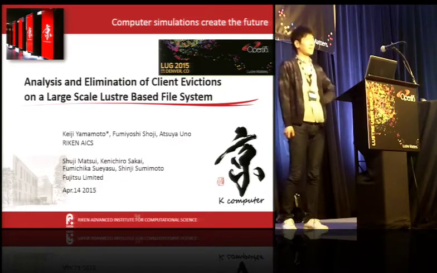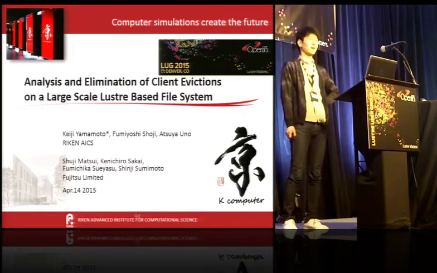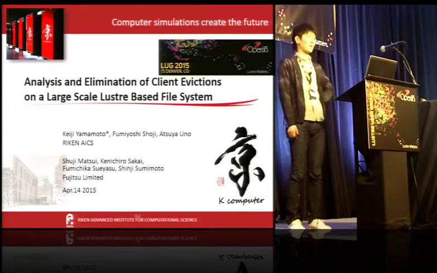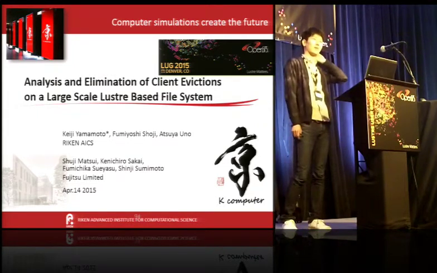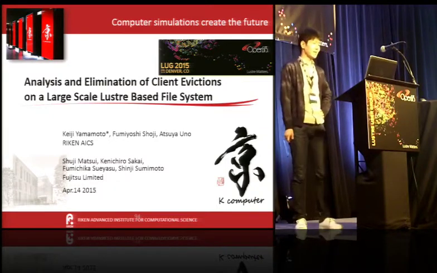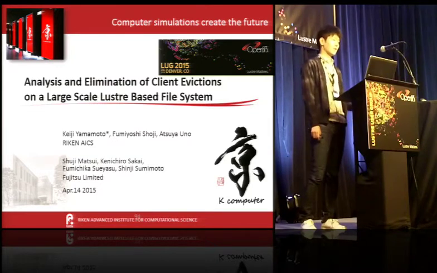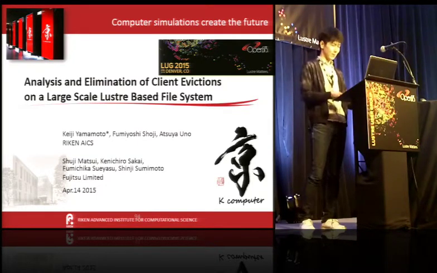We have operated the K computer for about 4 years. Many troubles of file system occur due to large scale. Today, I'd like to talk about the client eviction problem on large-scale Lustre-based file system.